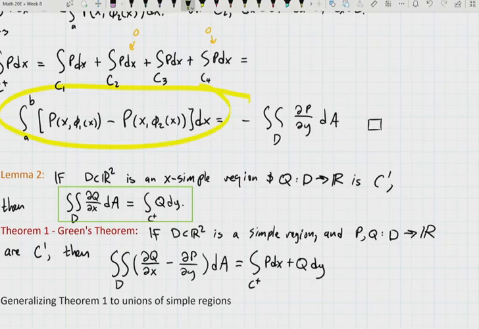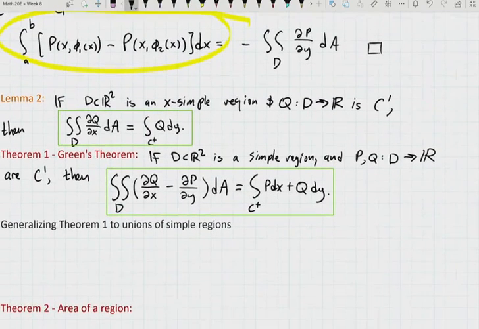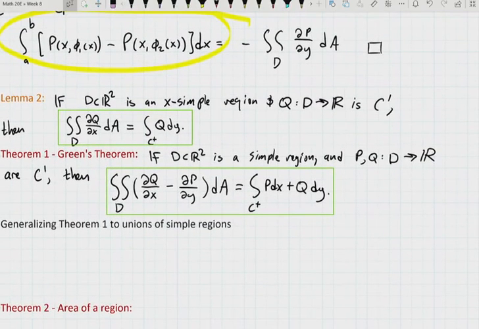And there's your Green's theorem. And like I said, the proof is just writing lemma 1 and lemma 2 in the same formula.